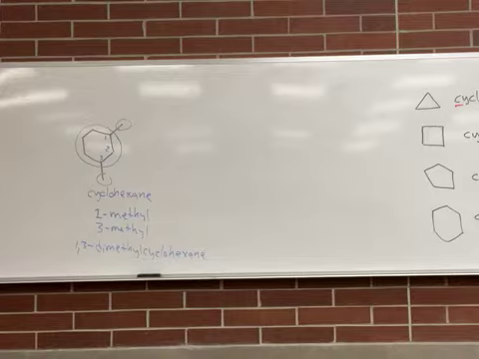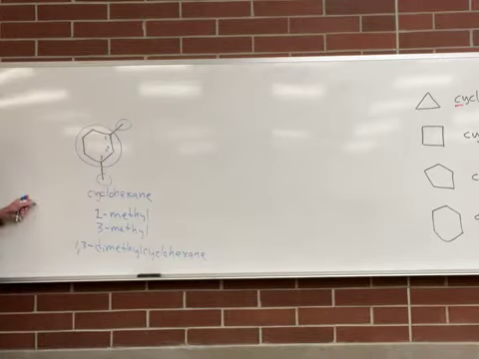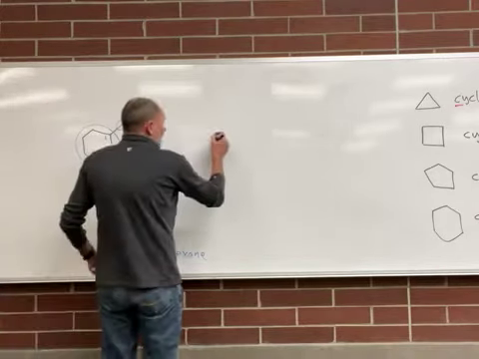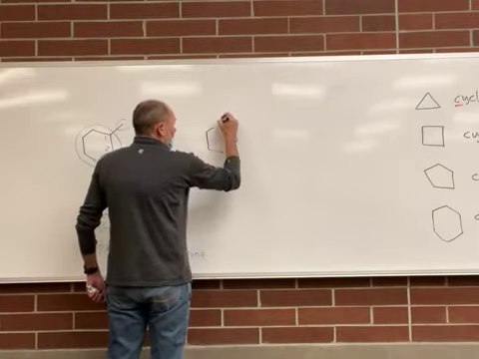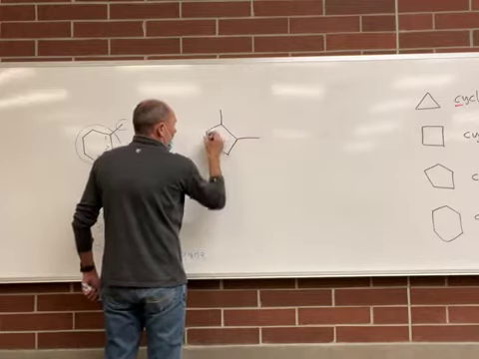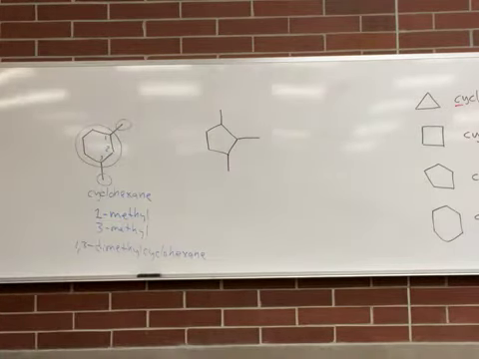And the rule of thumb on these is to number them in the order that gives the branching the lowest numbers possible. So, for example, if I give you something like this, there's really several ways to number that.